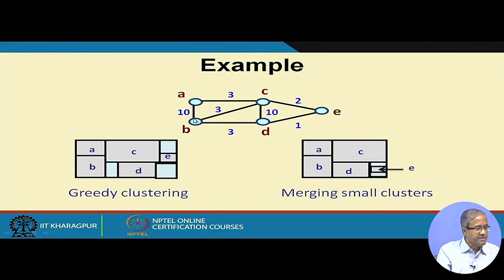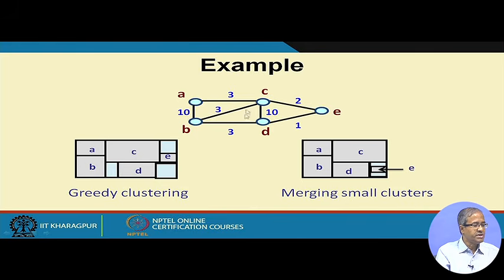This is a graph with 5 vertices. The weights of the edges are shown. So, you can see that in a greedy clustering approach, the vertices which are most strongly connected, like A and B, C and D, you merge them together. You put A and B together, you put C and D together.